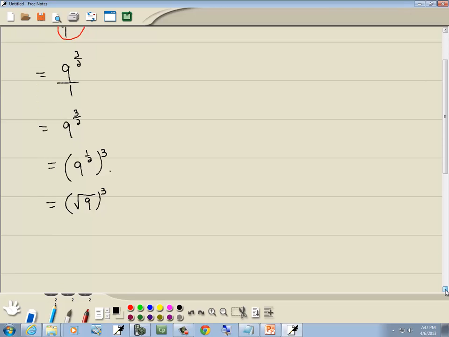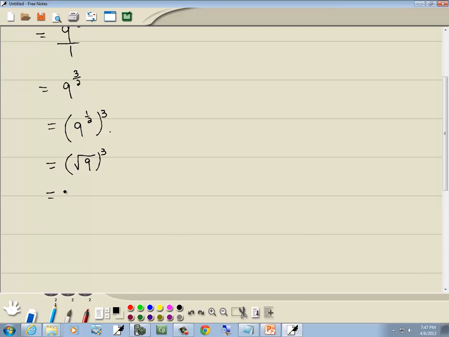And simplify. Well, 9 is 3 times 3. Our index is 2 because it's a square root, so we're looking for a pair of somethings. So here's a pair of 3's. A pair of 3's is going to come out in front as a single 3. And then 3 to the third gives us 27. And that's our answer.